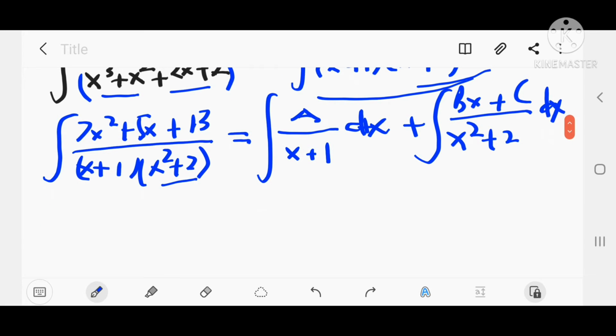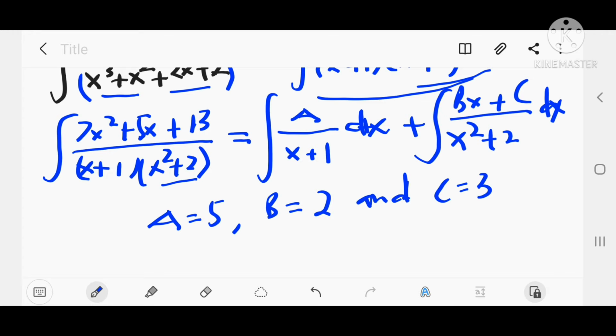Once again, click on the link in the description to know how we got the values of a, b and c, all the constants. We got their values to be: a is 5 when you solve it by partial fractions, b is 2, and c is 3.